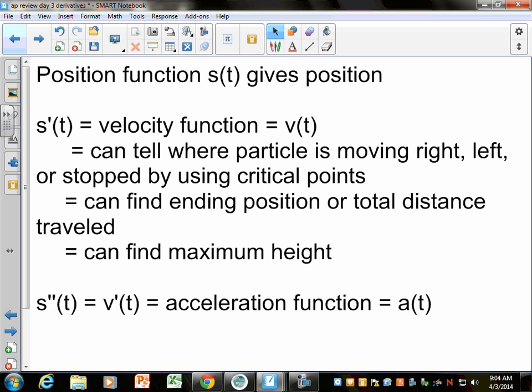Where's my wiggle graph? Trying to find a wiggle graph. Because this is the Complete Idiot's Guide, not Calculus for Dummies.